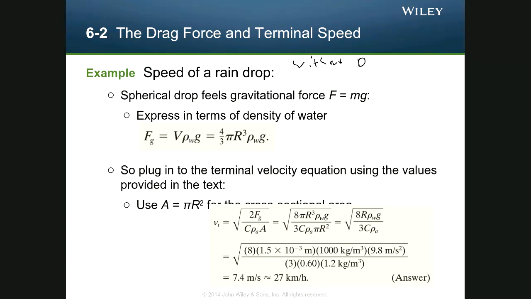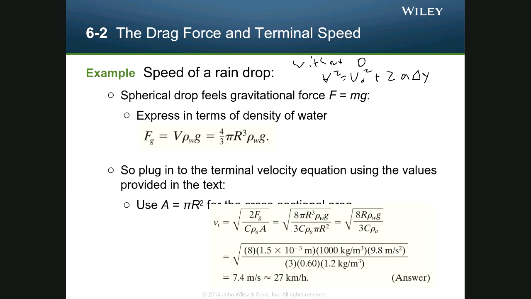we have v squared equals v naught squared plus 2a delta y.